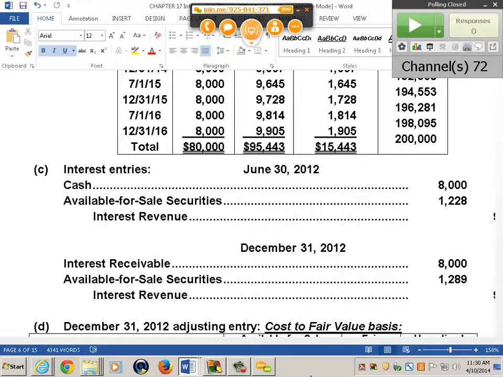Part of the reason why we split up the investments for available for sale securities is so we know the cost basis, so when we sell it we know exactly how much our gain is. And the valuation account is just so we know the adjustment up to fair value. There are two reasons why we have a valuation allowance. Number one, as you said, when we go to sell it, it's based on the cost basis, especially for tax.